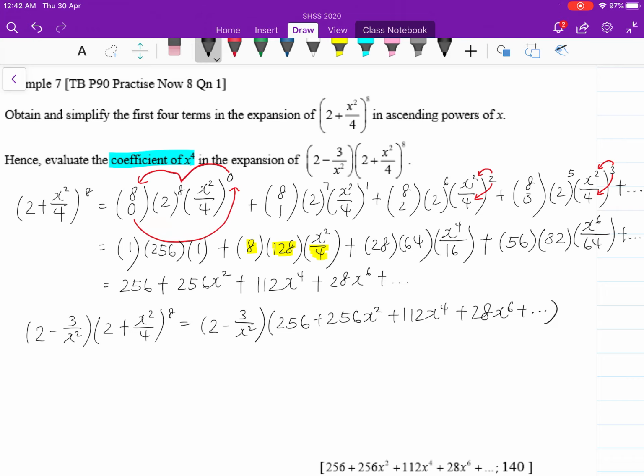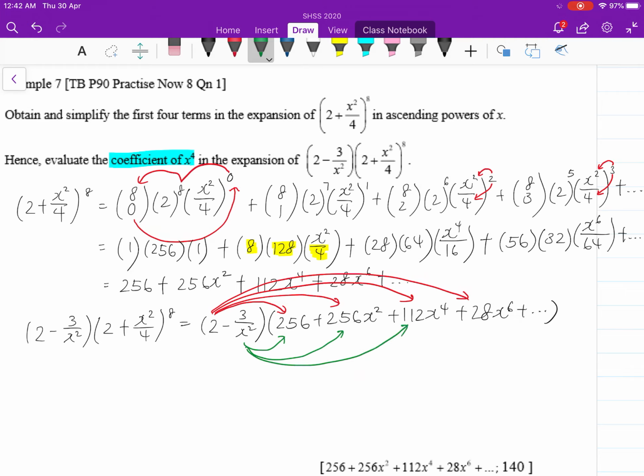I want x to the power of 4. Now, we all know the expansion of this is 2 times this, 2 times this, 2 times this, 2 times this, and then after that we have this, this, this, and this. I'm going to label 1, 2, 3, 4, the green one, 5, 6, 7, 8.